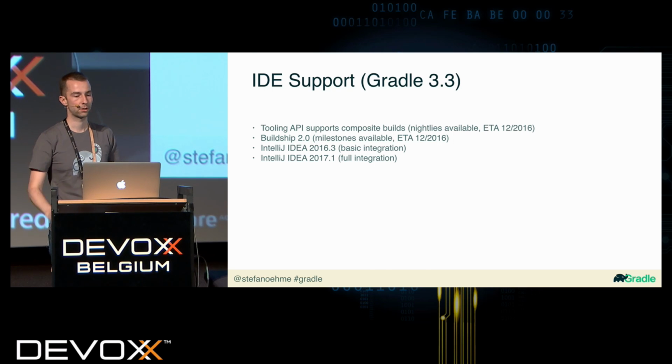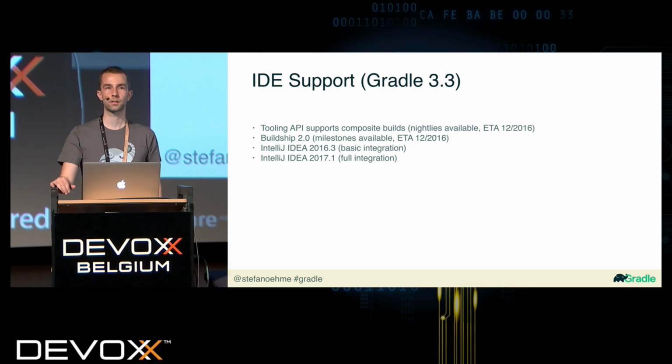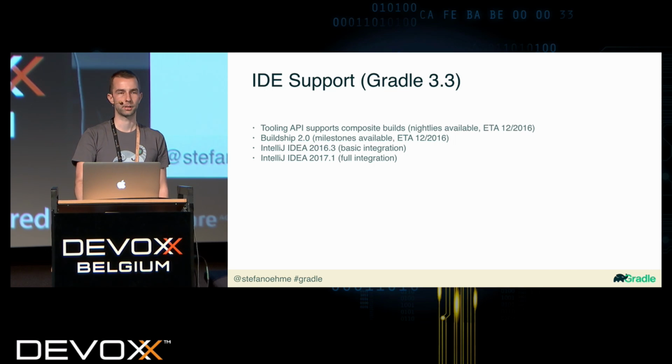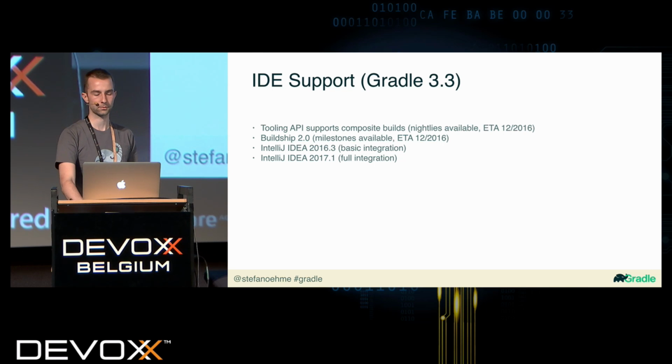IntelliJ IDEA already started some basic integration that is in the 2016.3 early access program, so you can check that out. And full integration with Gradle 3.3 so that you can import composites defined in a settings.gradle file will come in 2017.1. So keep an eye out for that. There should be some early access versions coming up soon there.